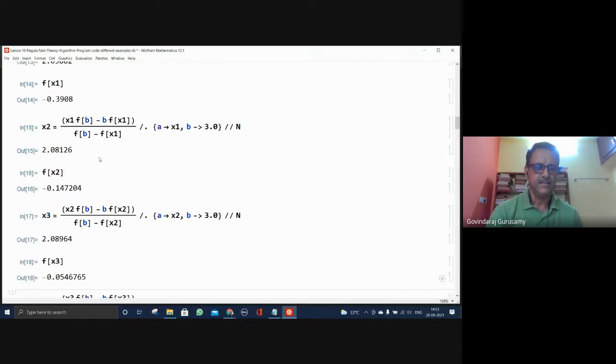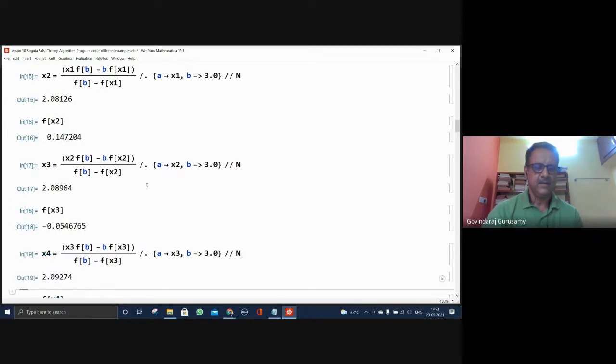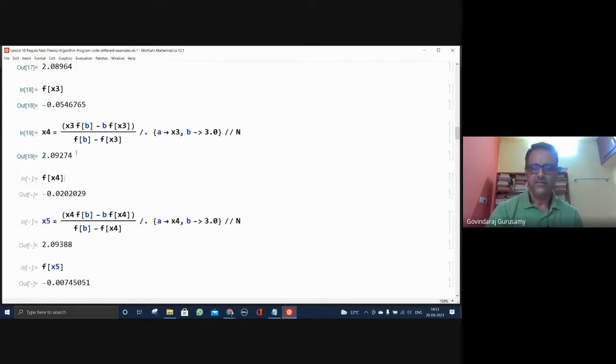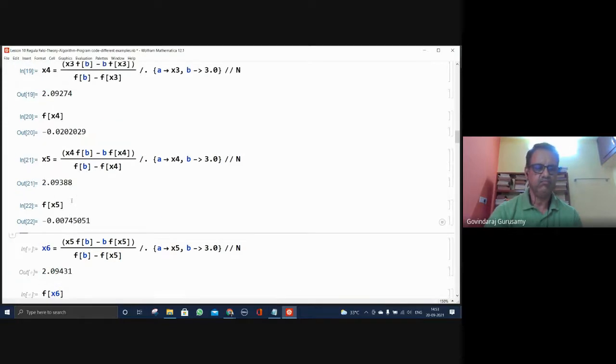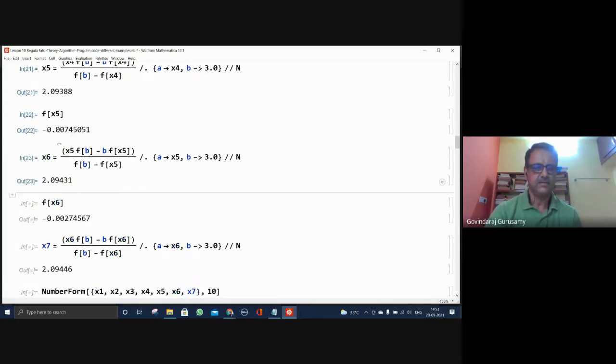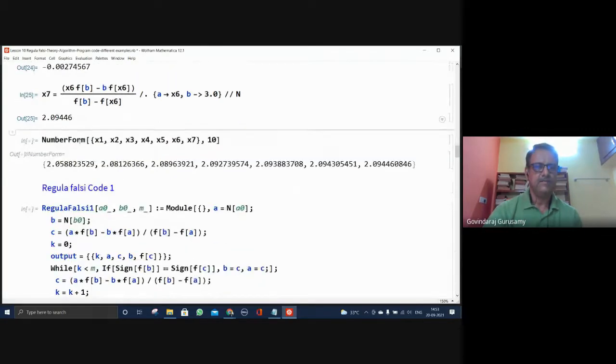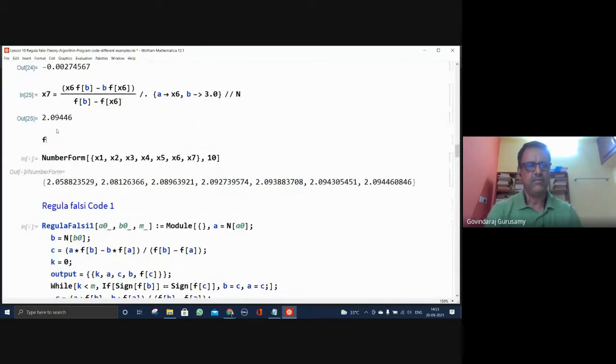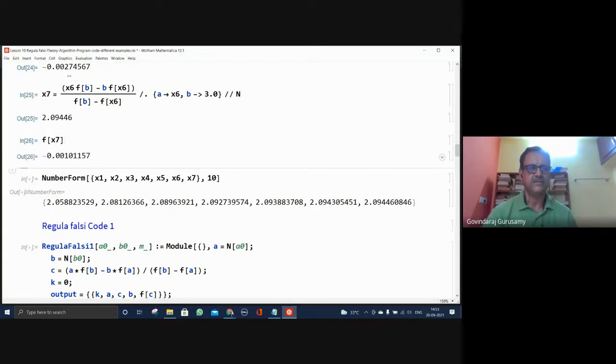And this is next value f of x3, and f of x4 again is going towards 0. x5 again, further it goes to smaller value. x6 again goes to smaller value than what has been here. And x7, I'll find out what is f of x7. Right? It's smaller than this one. Okay, we are moving towards 0.